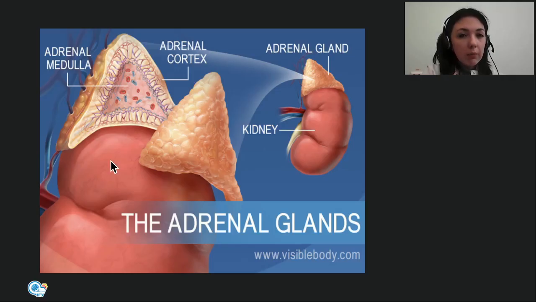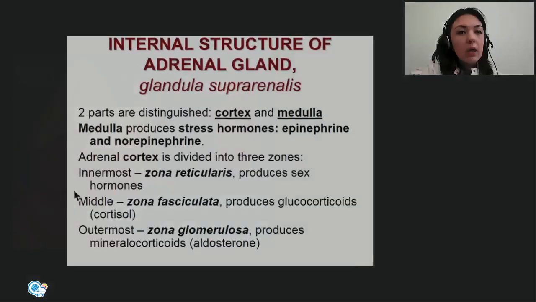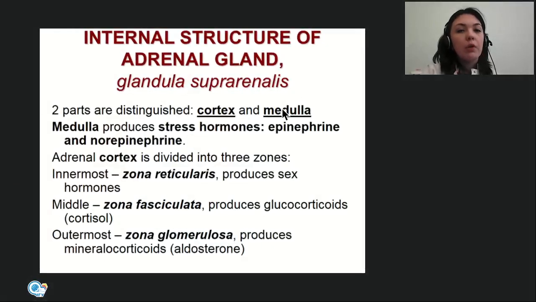In the parenchyma of the adrenal gland, the peripheral part, the cortex, and the central part, the medulla, are distinguished. The medulla produces stress hormones, epinephrine and norepinephrine. The adrenal cortex is divided into three zones.